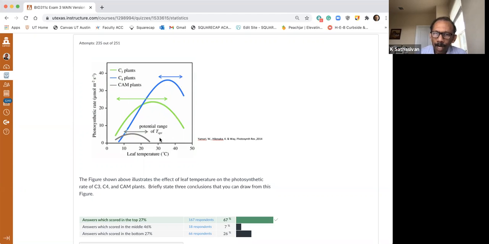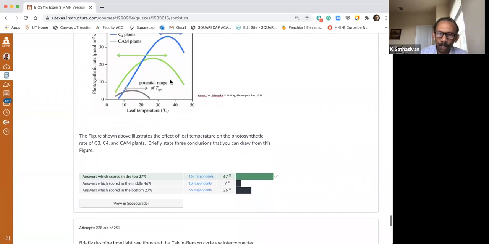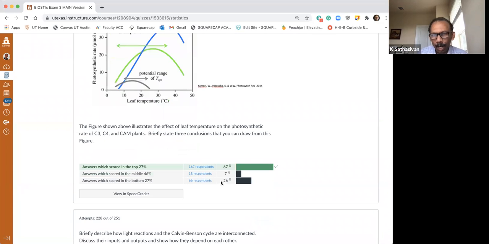And C4 plants can tolerate heat from 30 to 45 degrees Celsius, and they have the highest photosynthetic rate of all these 3 plants. Very simple drawing, but you're able to interpret that, okay? But still, 26% didn't do it. Either you know this or you don't know this. So this is like a bimodal distribution of answers.